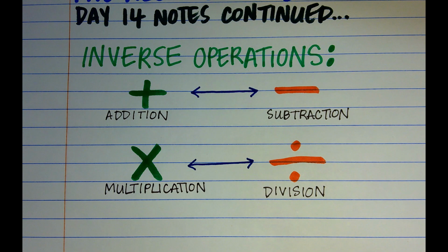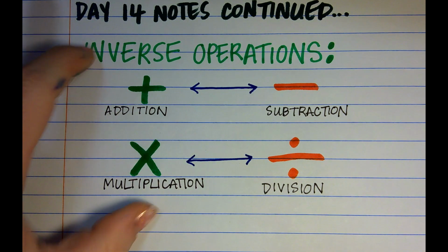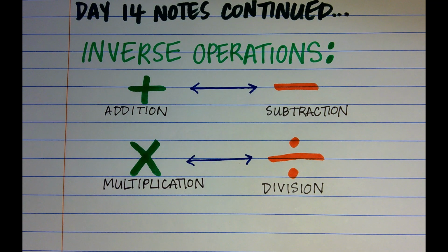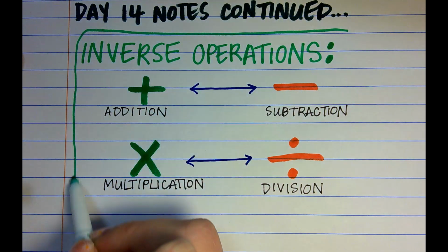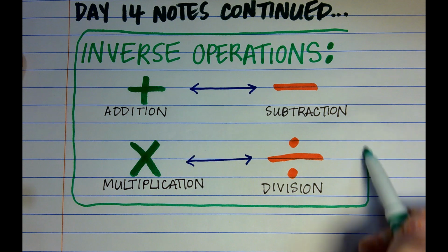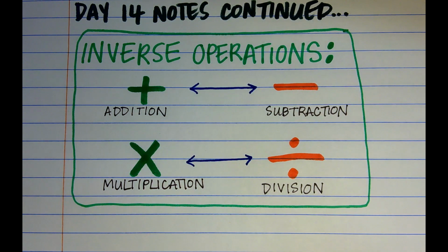If I have times a number, to get rid of it, I divide by that number. So inverse operations is something that we will use forever. It's very, very important, so this is a good thing to remember. We will be using it very often from here on out.